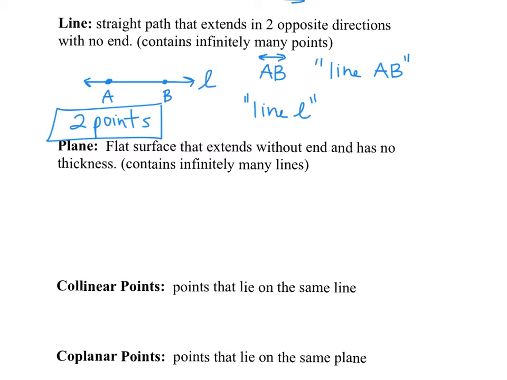The way we draw it can be a little challenging. Pretty much we just draw a parallelogram like that to represent a plane. And then there's a few ways you can name a plane. You can name it with at least 3 letters, or at least 3 points, we'll say.